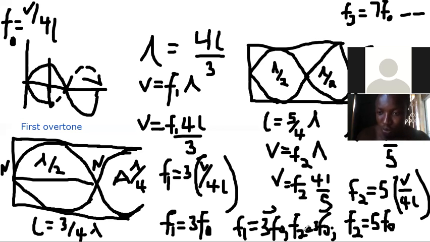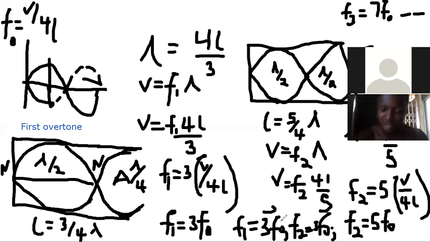The second overtone F2 is 5 times the fundamental mode of vibration, which is F naught. Then F3 will become 7 times that, F4 becomes 9 times F naught, and so on. So it is the integral multiple of the frequency of the fundamental mode of vibration, and that series is what we call the harmonics.